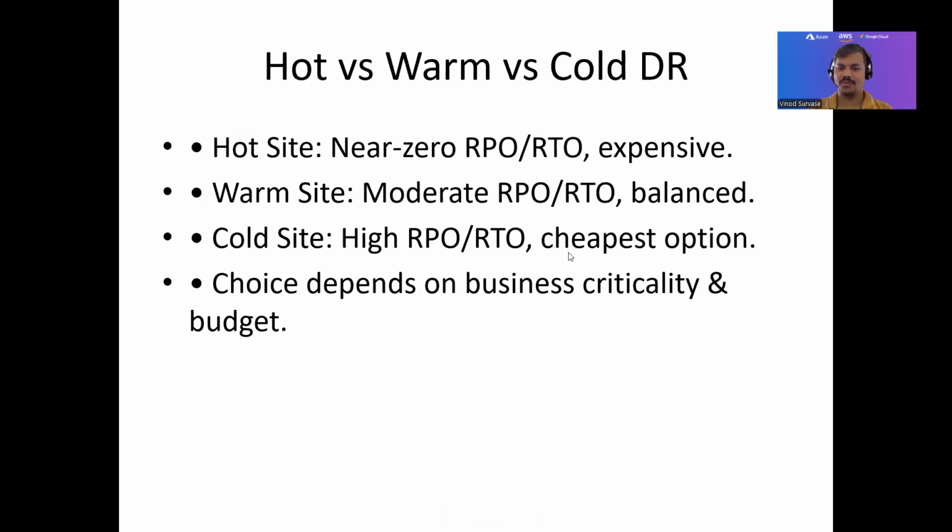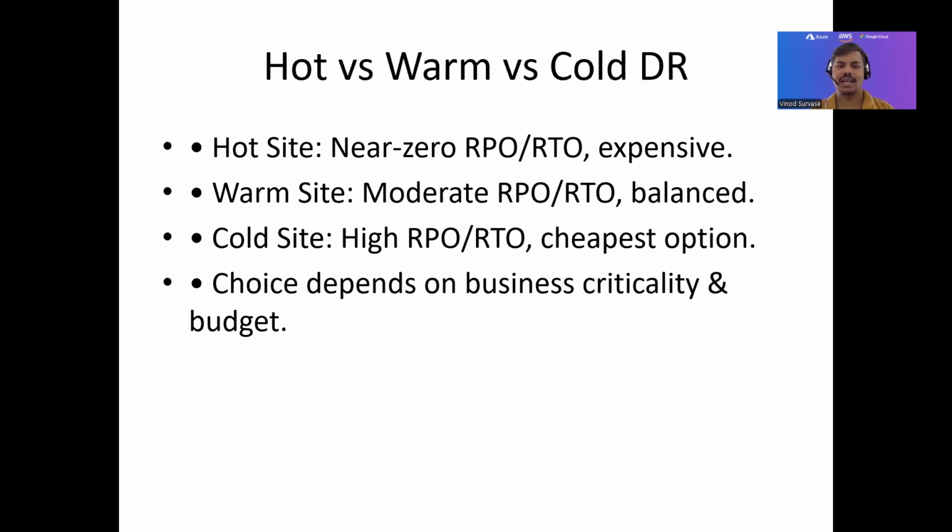Now, let's understand a few of the requirements or different strategies and approaches for how we should implement BCP and DR in different ways. Hot versus warm versus cold DR strategies, right?